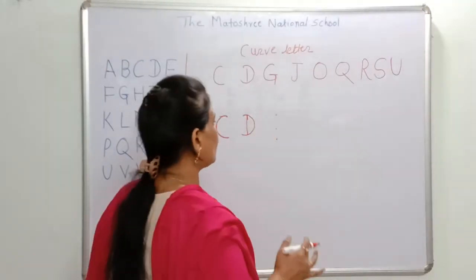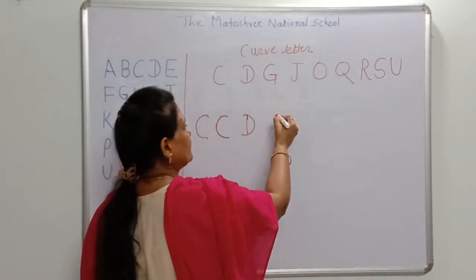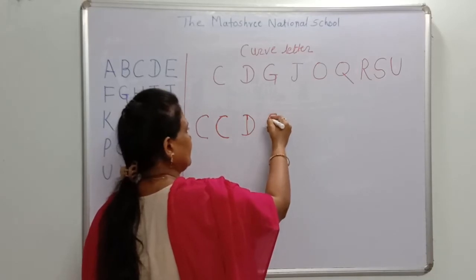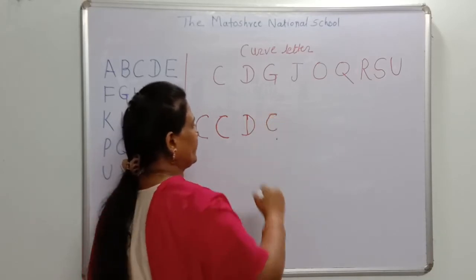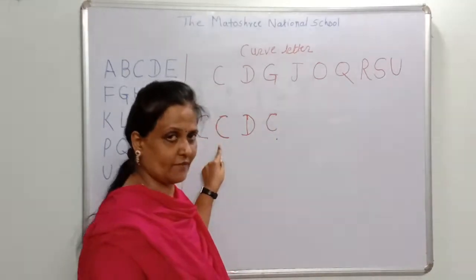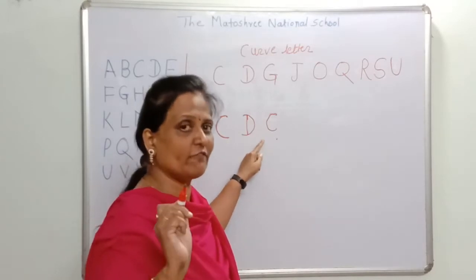Now see how to write G. First I start the curve. It's a half circle. For G also I draw a half circle first.